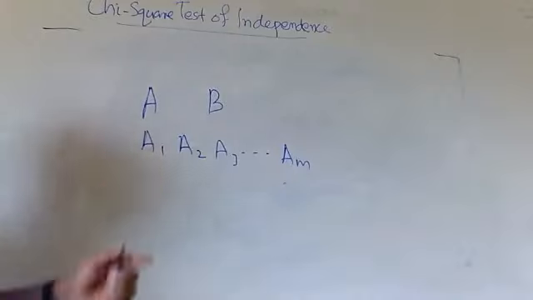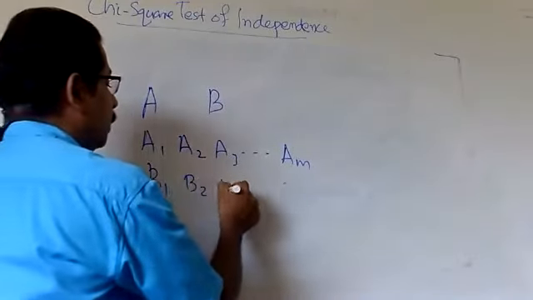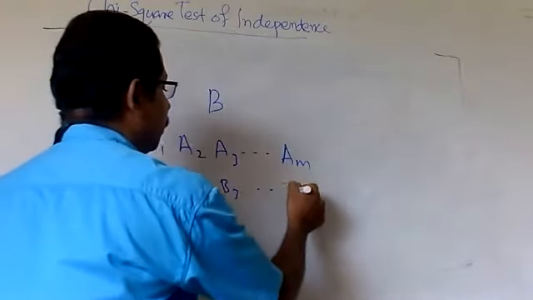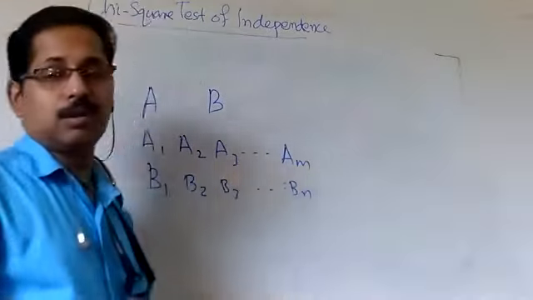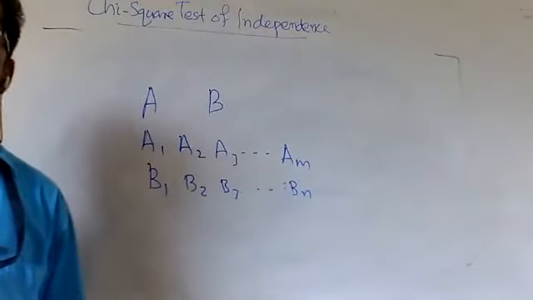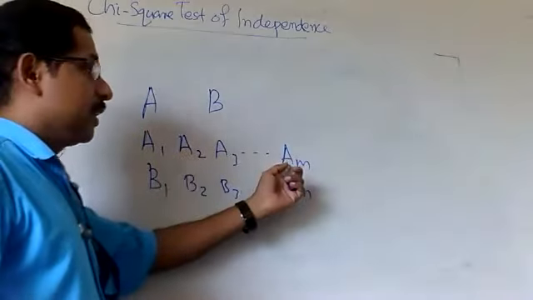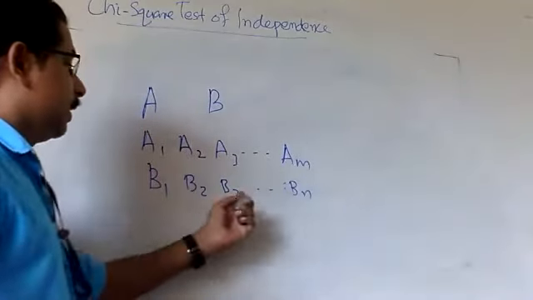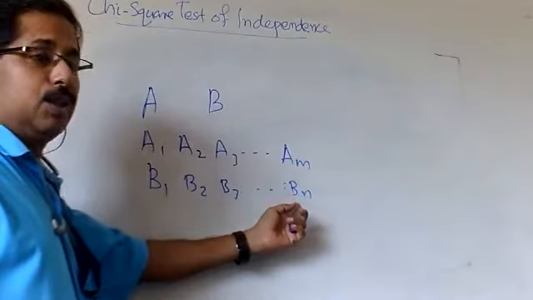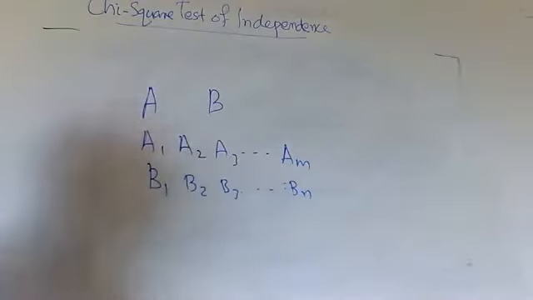And for B, suppose the categories are B1, B2, B3, etc., Bn. So total how many observations are there? We have m categories for attribute A and n categories for attribute B, so total m into n observations.